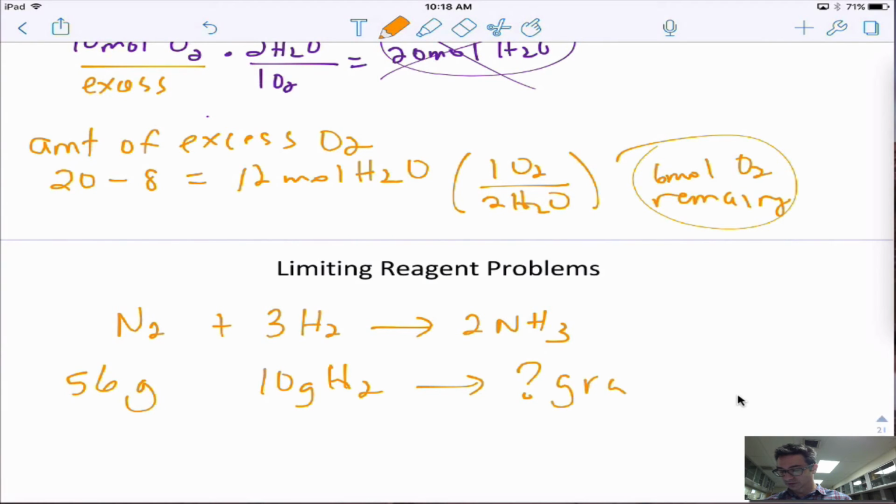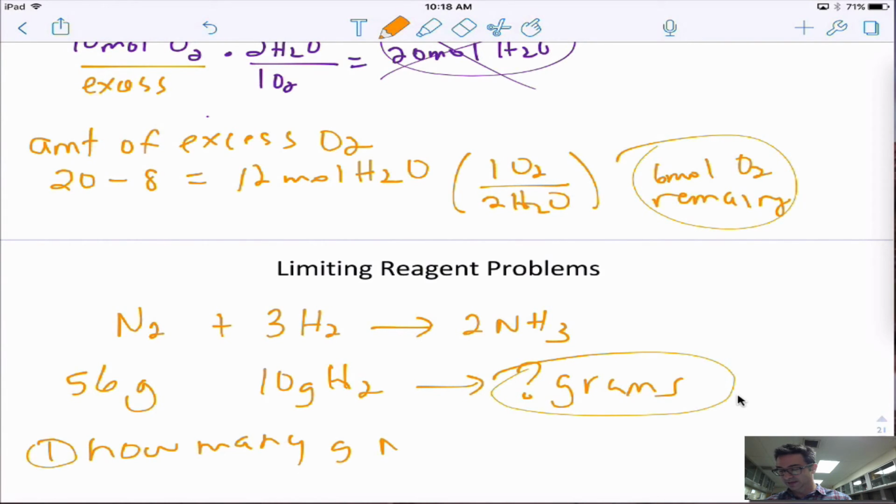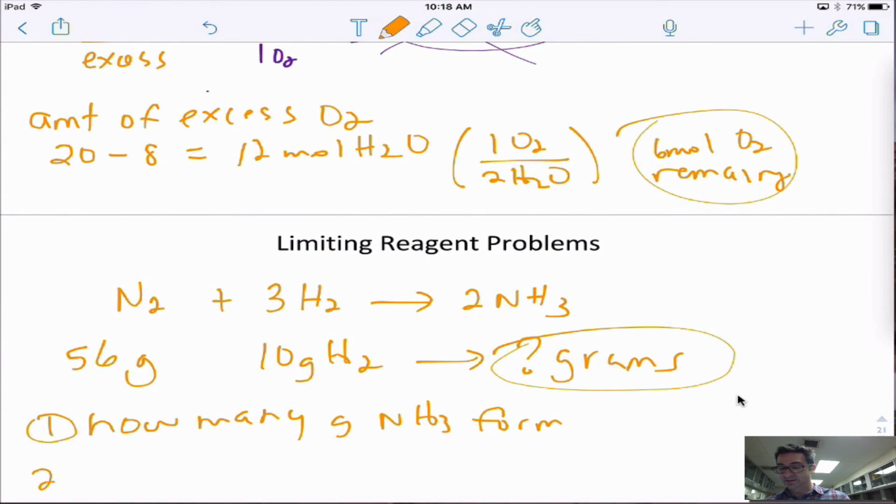And also, how many grams of NH3 form. So the first question is how many grams of NH3 form, and secondly, how much excess. And I don't tell you which one's excess, you got to figure that out. What's the excess left over?